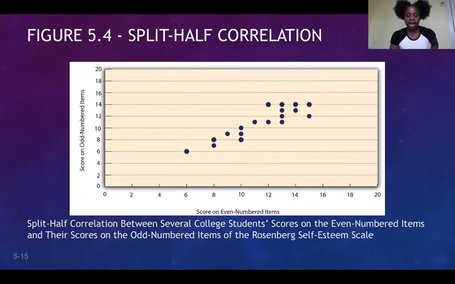A split half correlation of positive 0.80 or greater is generally considered good internal consistency. So in this type of measure, we have good consistency, okay? It's reliable. So again, just pause if you need to understand this figure.